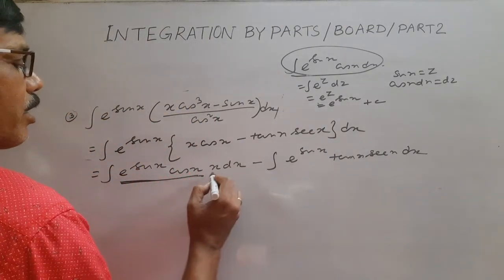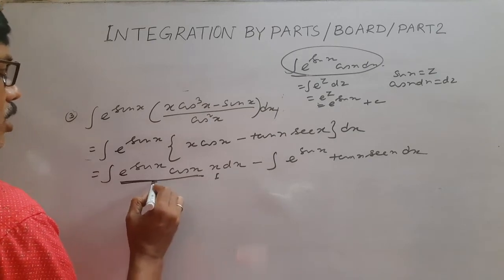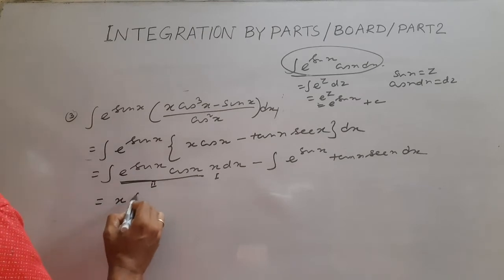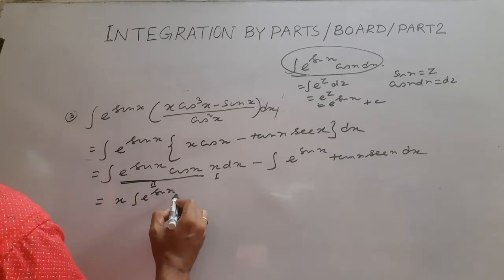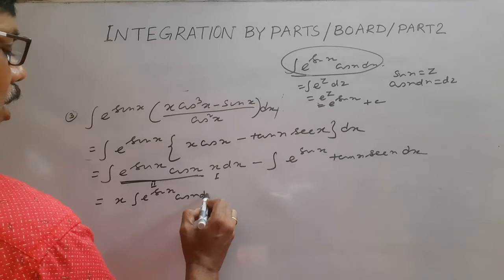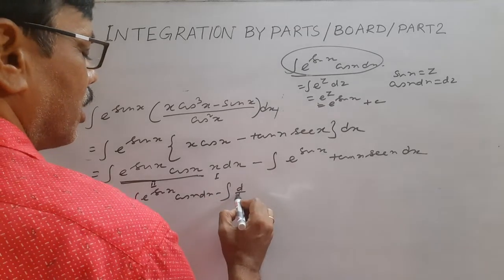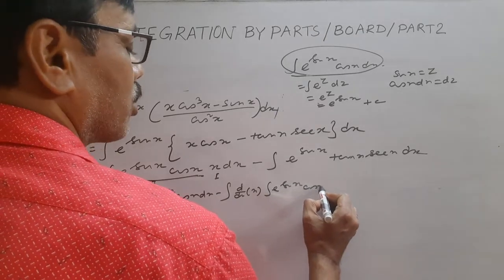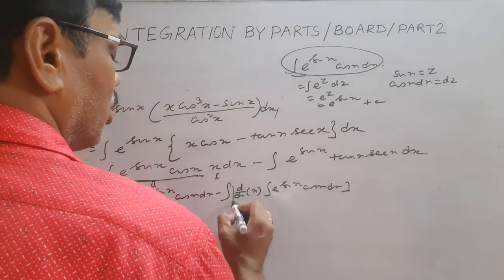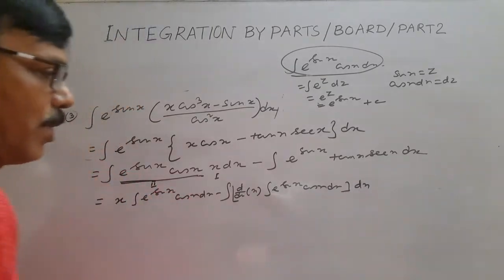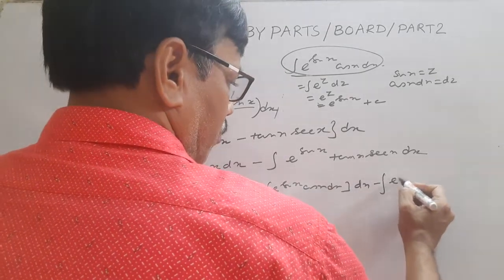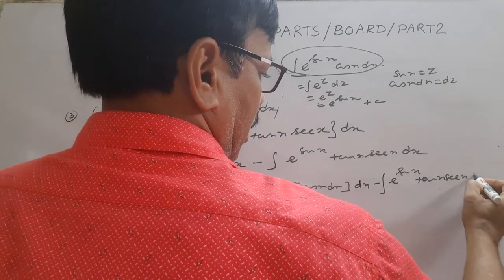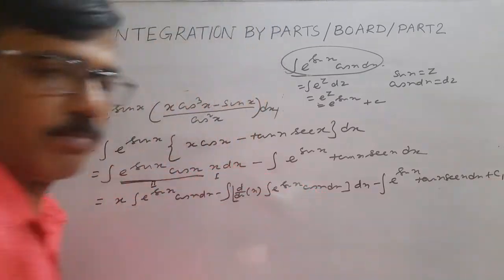So we integrate this one as the first function, this is second. So x unchanged, integration of e to the power sin x cos x dx, minus d dx of x, integration of e to the power sin x cos x dx total integration, minus second integration, make it unchanged, tan x sec x dx plus c1.